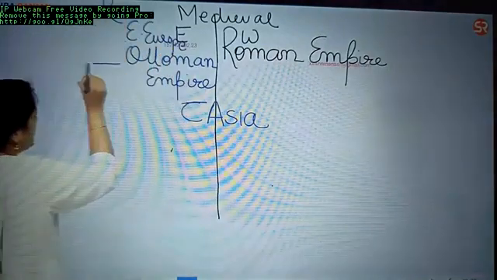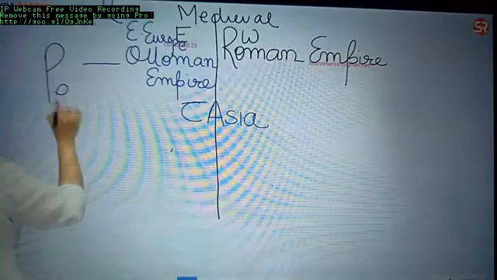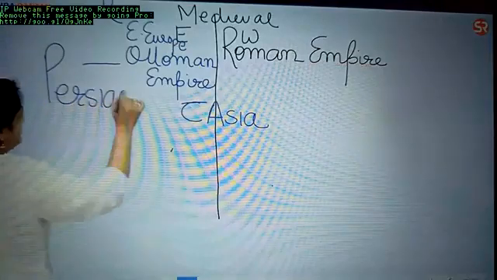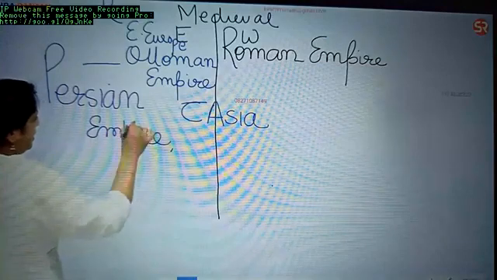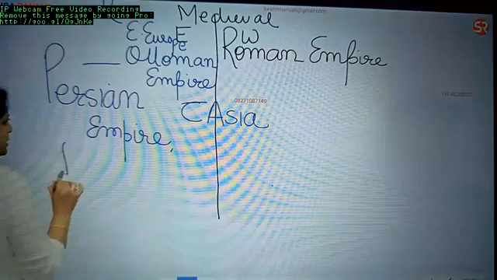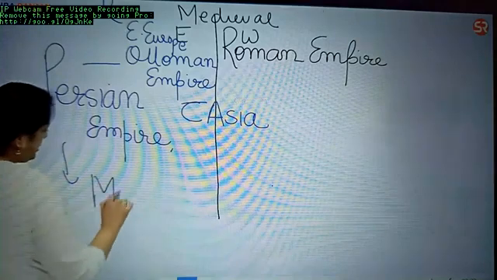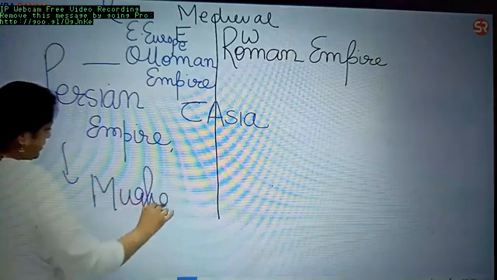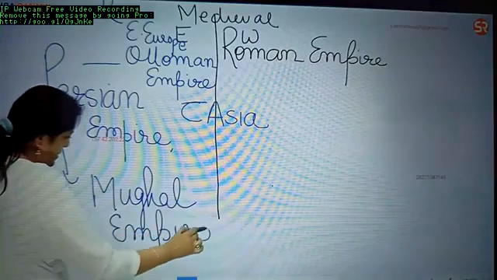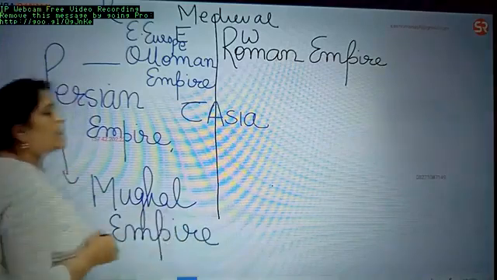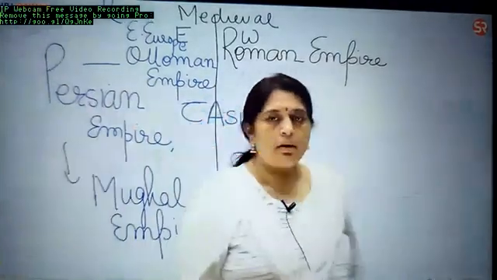Then we see the Persian Empire further east. And if you go further south, the Mughal Empire. So there has been a difference in the evolution of history in East and West.